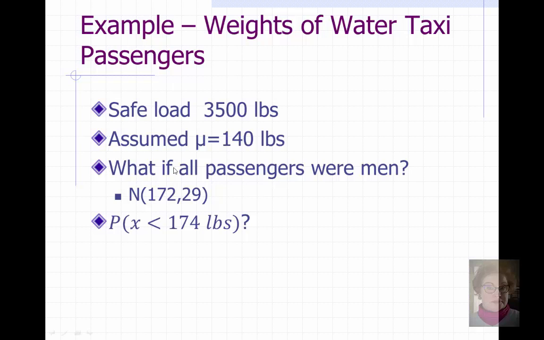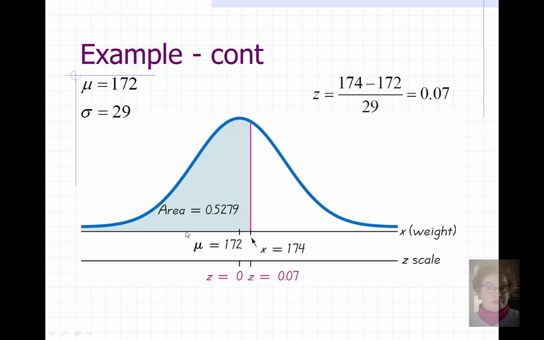But what if all the passengers were men? The weights of men have a normal distribution with a mean of 172 and a standard deviation of 29. How are we going to calculate the probability that the passengers weigh less than 174 pounds?